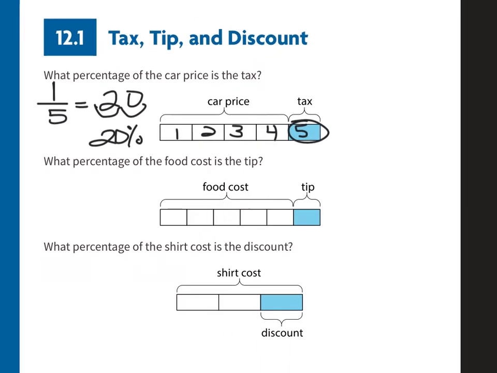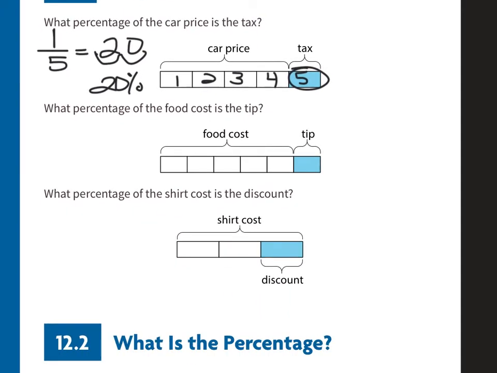Okay? What percentage of the food cost is the tip? Same thing. There are 6 sections, and one of them is blue. So 1 divided by 6 in my calculator is 0.166666666, goes on forever.